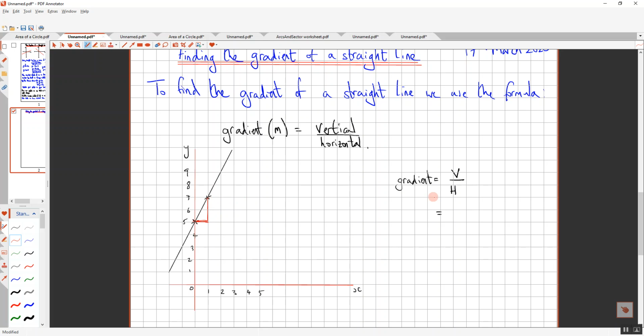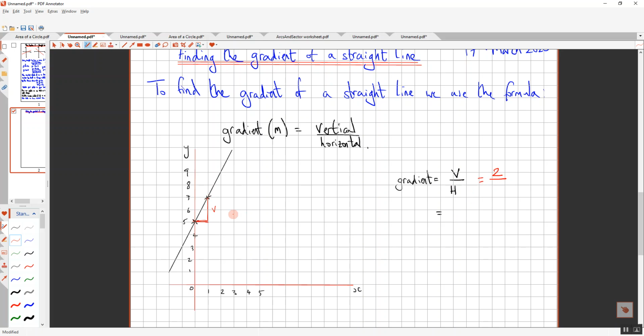Now, what do you think the vertical bit corresponds to in our triangle? What's vertical? That or that? Yep. So vertical is this distance. What's that distance from here up to here? 2. Yep. So the vertical bit is 2.